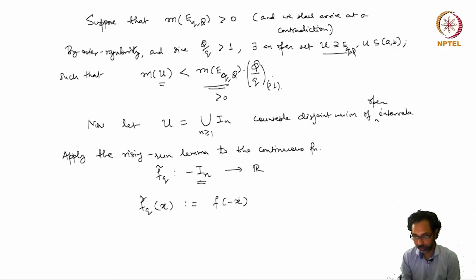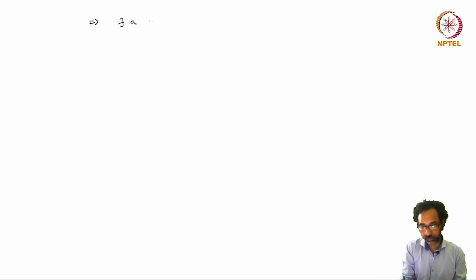So when you take minus x, you'll end up in In, and In is a subset of AB. So you can apply f plus q times x.